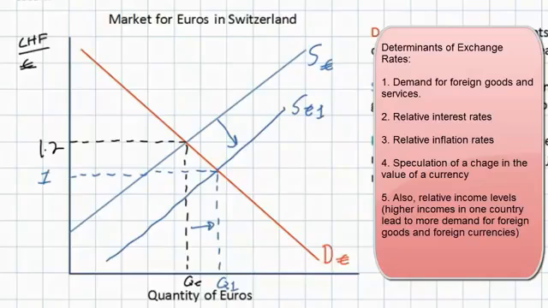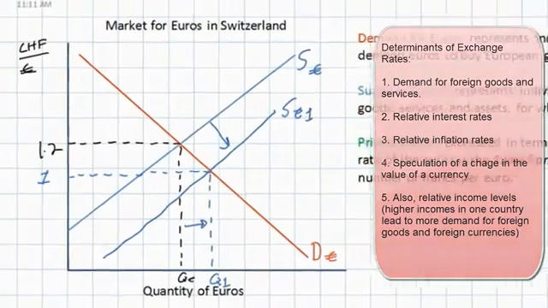Additionally, if incomes in Europe were rising more rapidly than they were in Switzerland, then European households would supply more euros in order to buy more and more Swiss imports. Any of these factors would cause the supply of euros to increase in Switzerland and the exchange rate of the euro to fall relative to the Swiss franc.